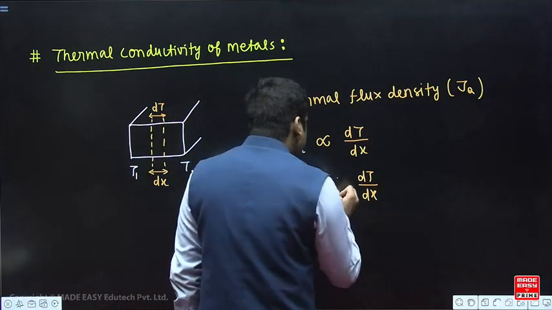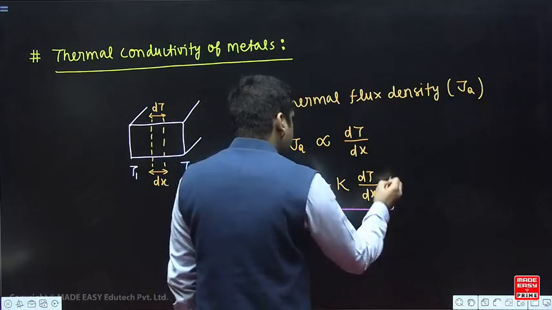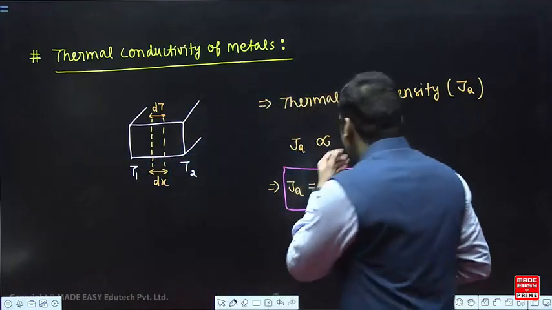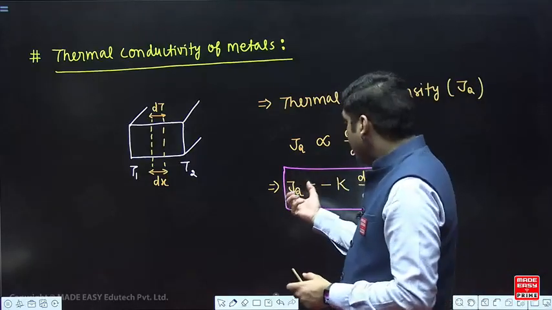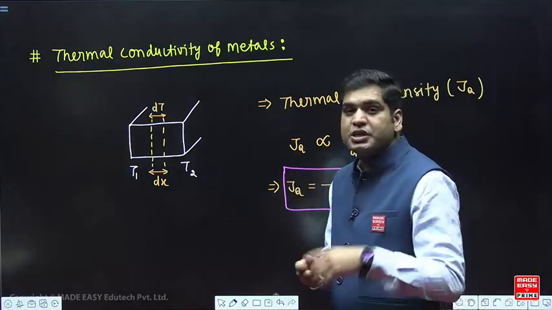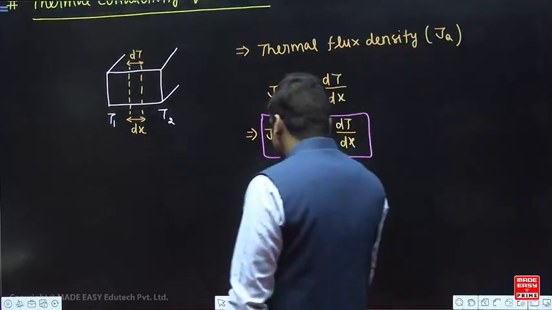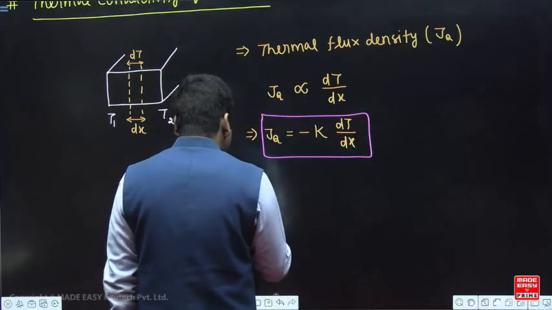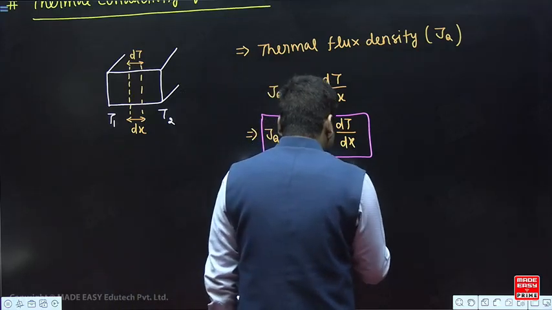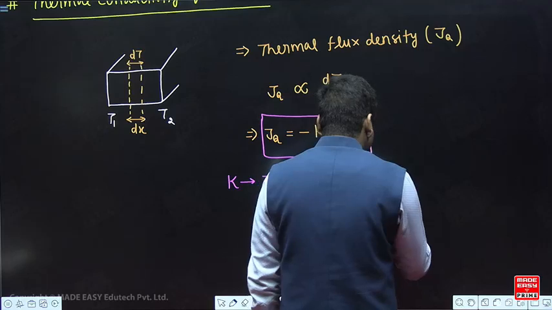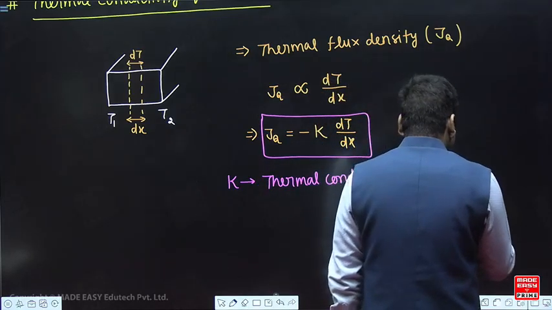And there is a proportionality constant K, capital K. This proportionality constant is a material property, which tells you how much heat per unit area is being transported through the material. This proportionality constant K is known as the thermal conductivity of the material.